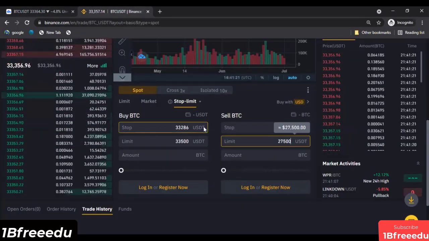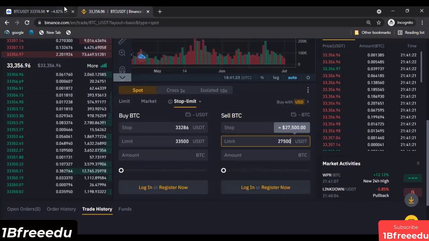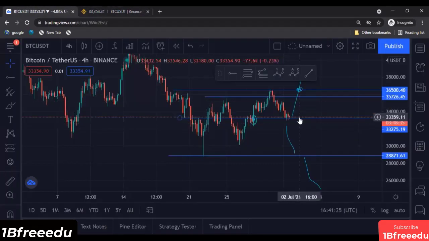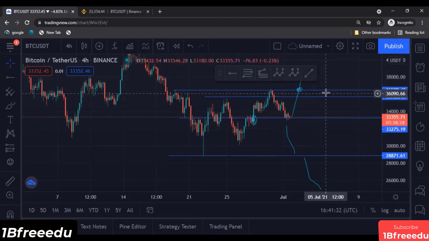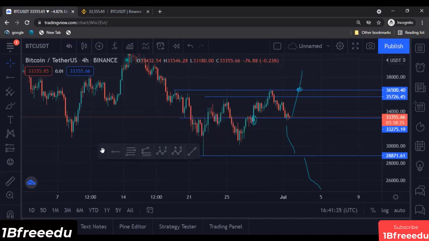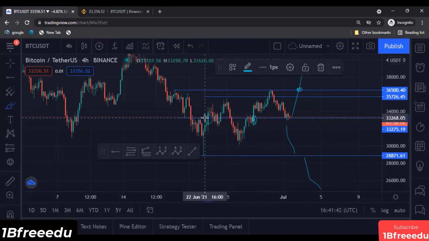However, when buying, the stop limit works in a different fashion. For example, you have to place a buy order from here. Once a breakout is confirmed with heavy volume and these kinds of candles, you have to buy BTC, and you have to sell it at this point.